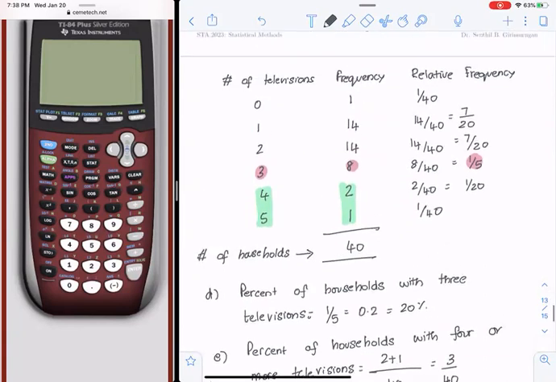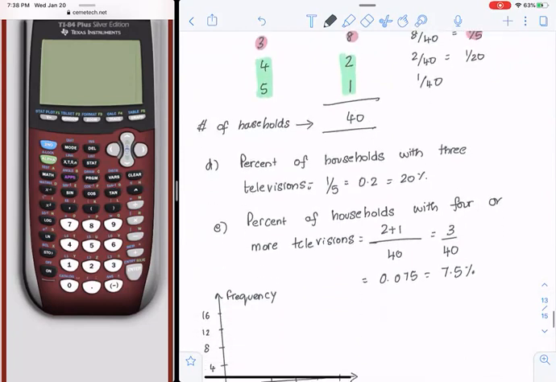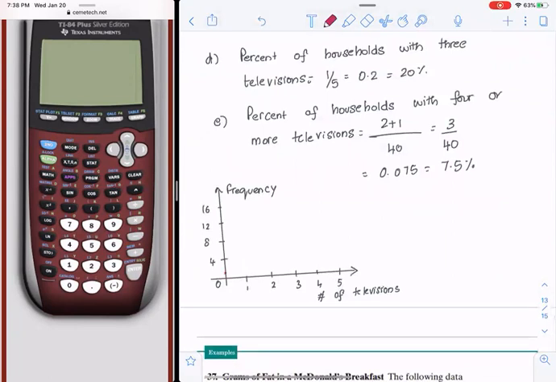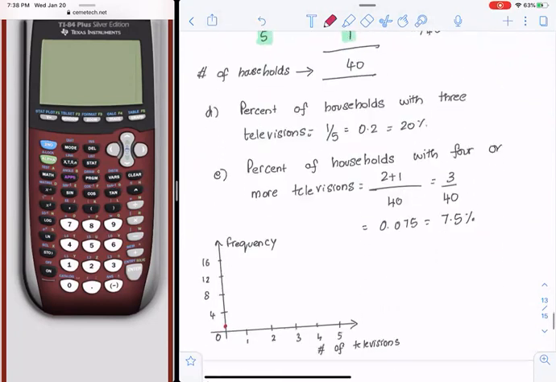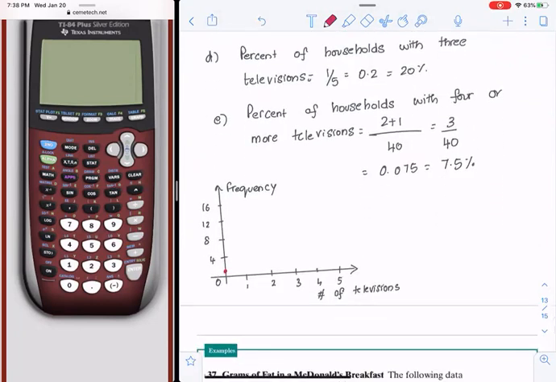Number of households with 0 televisions is exactly 1. So that's probably right here. Exactly 1 television is 14. So 14 is right over there. Exactly 2 televisions is also 14.